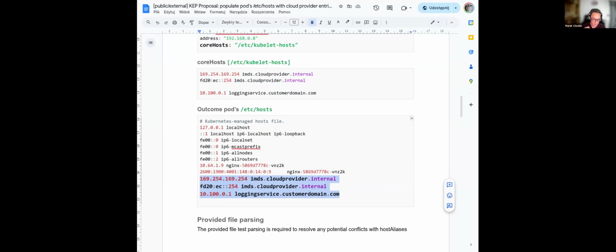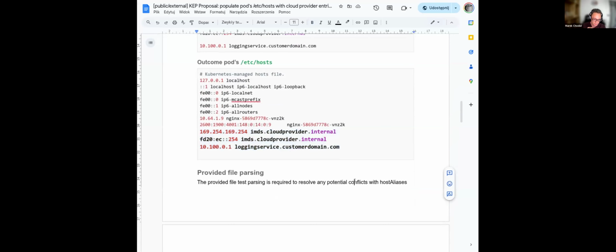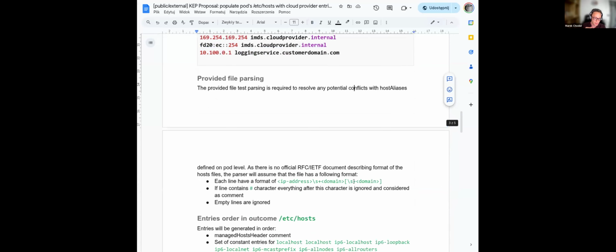So it will make the most important core domains resolvable locally without need to communicate with the DNS server. This doc has some more details on how we actually want to achieve this.